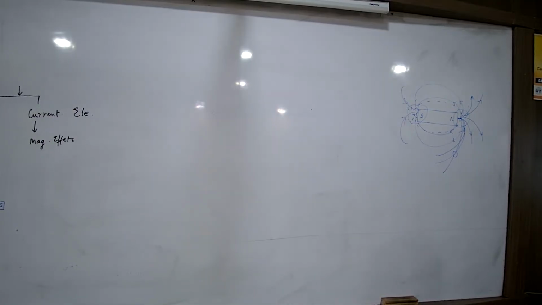Why does the compass needle get deflected? I'm going to write the question. How will you know? Unless of course you want to put it as page number, question number. Why does a compass needle get deflected when brought near a bar magnet?